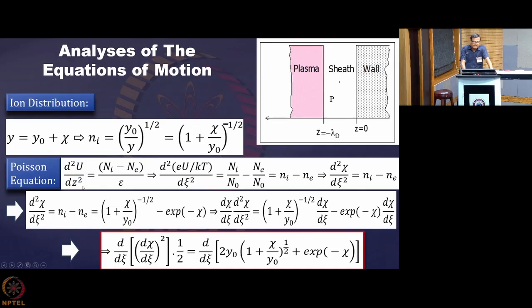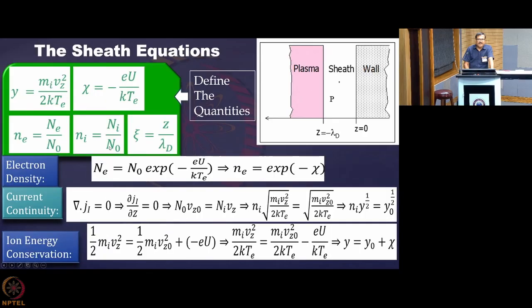And one thing you have probably missed over here is that this z is now converted to xi. And what is the z and xi relationship? xi is equal to z by lambda d. And what is lambda d? Lambda d is equal to root over epsilon kT by n square. Okay. So, that is your Debye length.